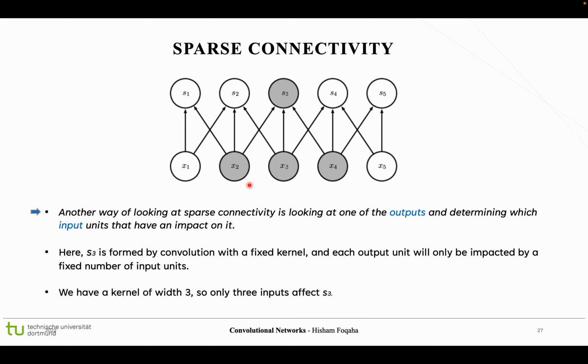Here s3 is formed by convolution with a fixed kernel, here of size 3. Each output unit will be impacted by only a fixed number of input units. So we have a kernel of size 3, and so only 3 inputs affect our output unit, which is s3.